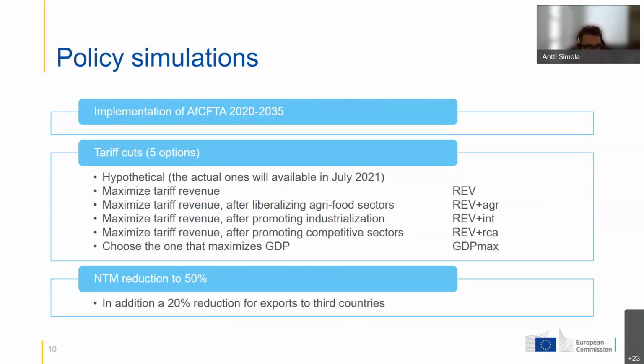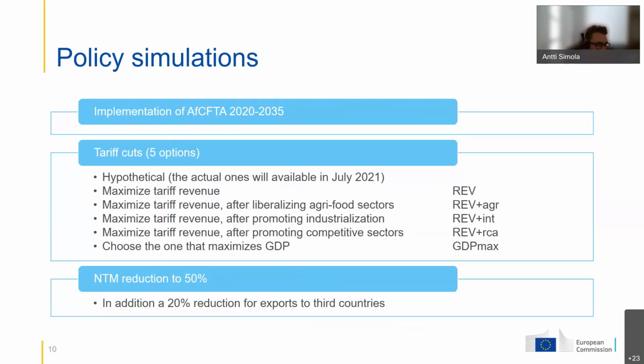The first scenario just assumes maximization of tariff revenues, and in addition to that, there are 3 alternatives that reflect various economic policy interests. First is liberalization of agriculture and food industries in order to improve access to food. Second is liberalizing trade on intermediates in order to promote industrialization.